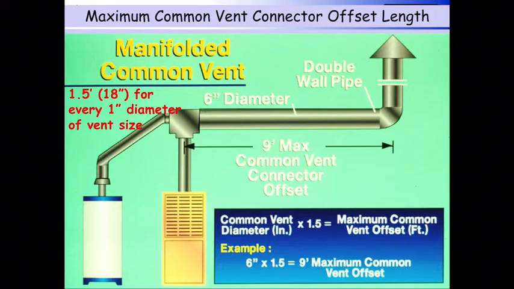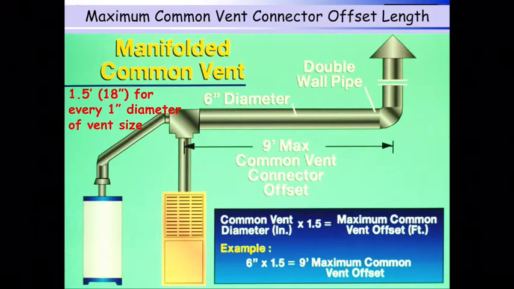All right. How about the maximum common vent connector offset length? Now, in a manifold system, what we're showing in this example is that in a manifolded system, the rule is that you're allowed 1.5 feet for every inch of vent size diameter. So that's 18 inches.